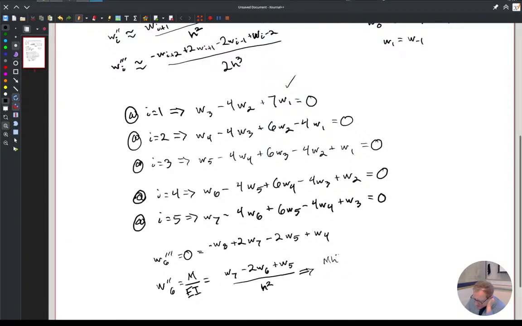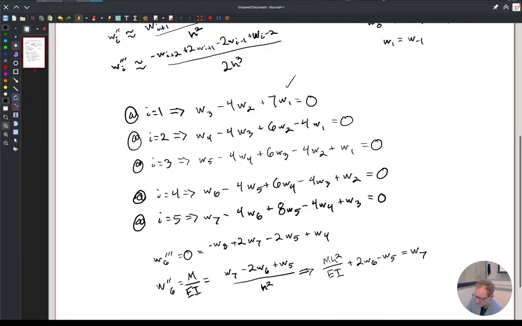So Mh squared over EI plus 2w6 minus w5 equals w7. So now I can plug that into I equals 5. That second derivative is going to tell us what that w7 is. I can replace it with positive 2w6. So now this 6 becomes an 8.